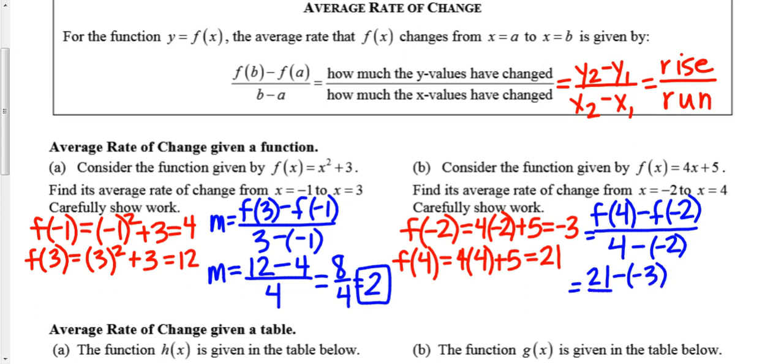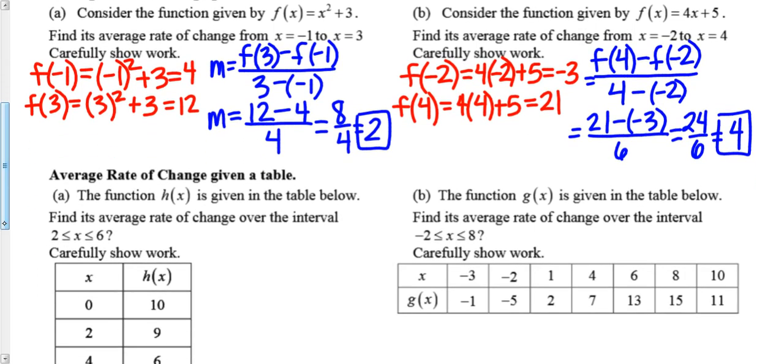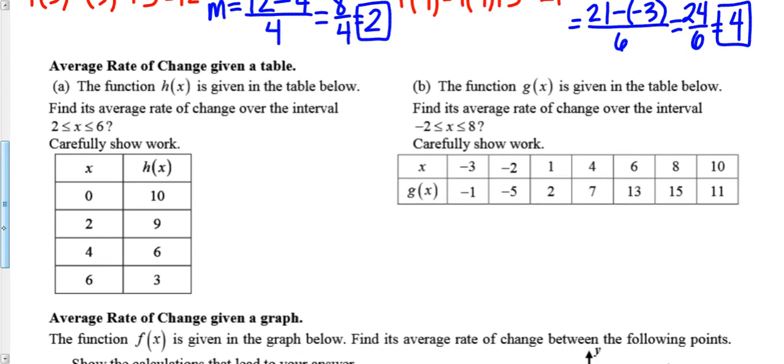So we're putting in the actual y coordinates for f of 4 and f of -2. For my denominator, I can go ahead and do 4 minus -2. 4 minus -2 is 6. We get 24 divided by 6. 24 divided by 6 is 4. That is what we get for part B. Now we're going to do average rate of change when we are given a table.